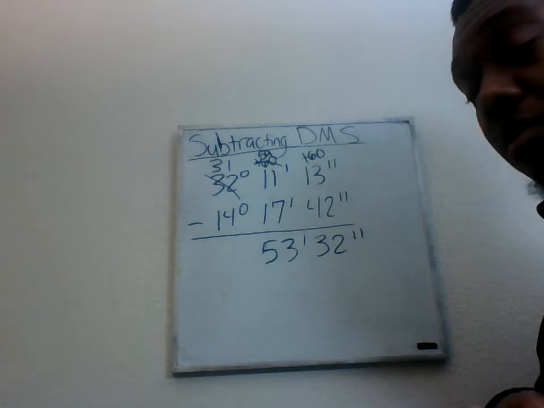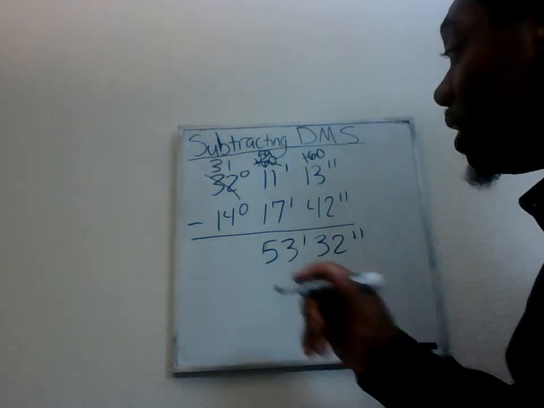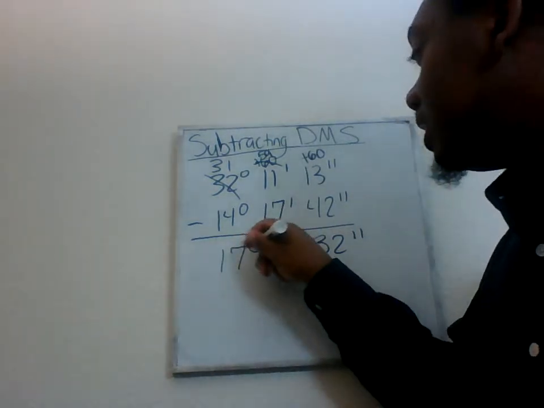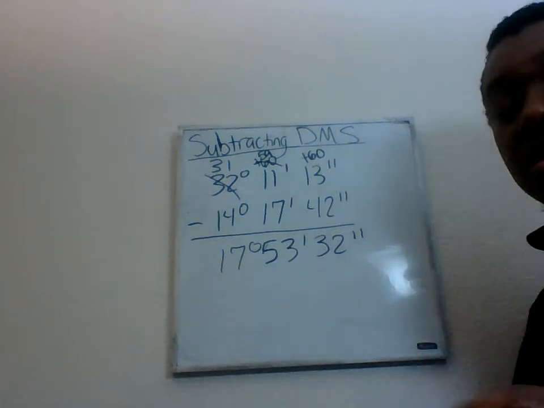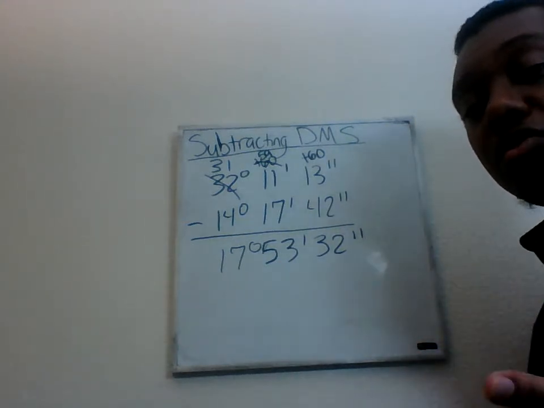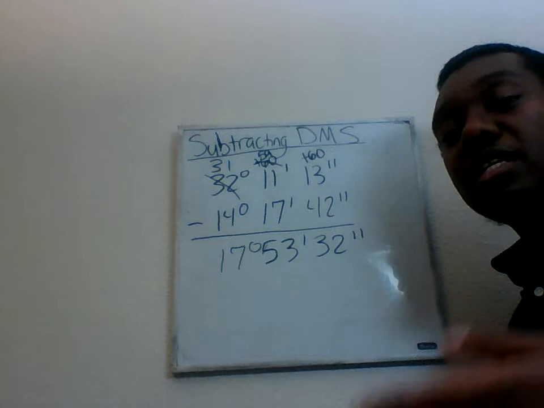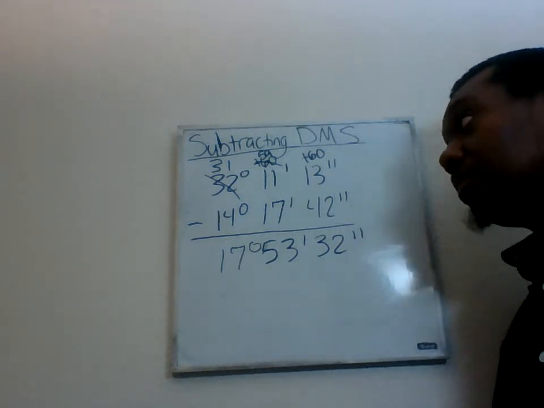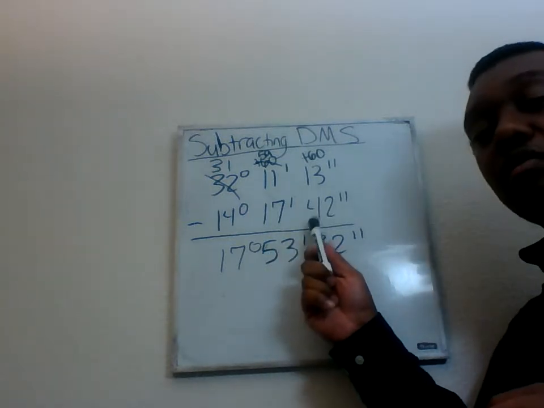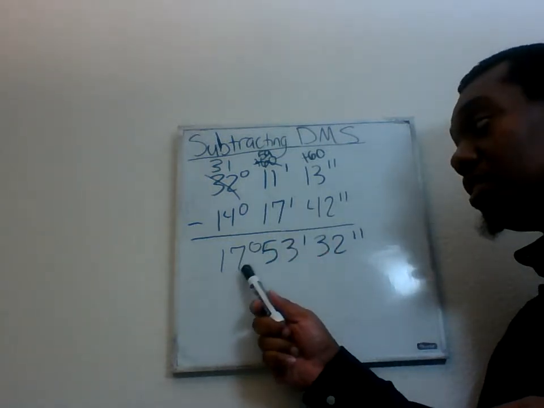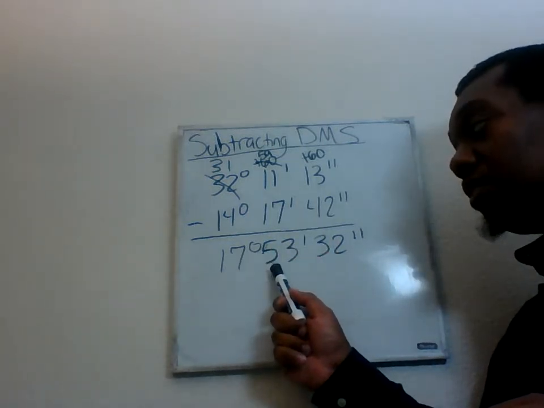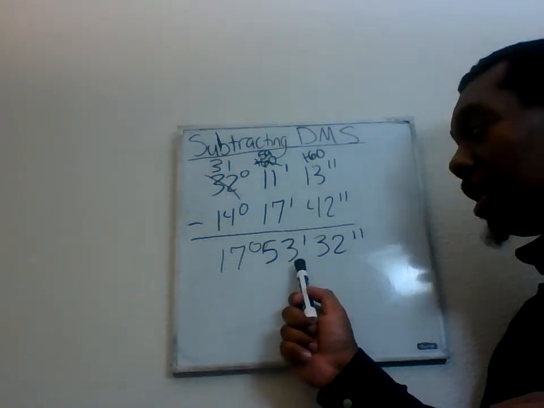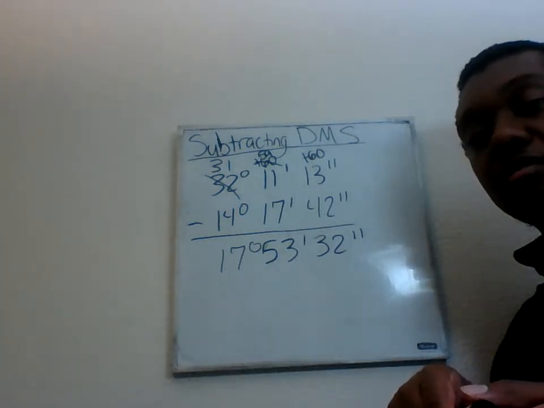Last but not least, we have 31 minus 14, and 31 minus 14 will give us 17 degrees. So we end up seeing that 32 degrees, 11 minutes, and 13 seconds minus 14 degrees, 17 minutes, 42 seconds is going to be 17 degrees, 53 minutes, and 32 seconds.